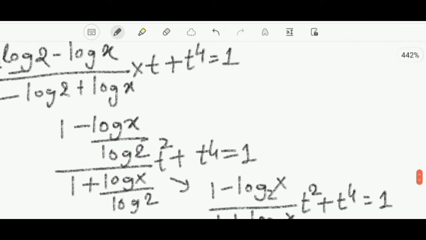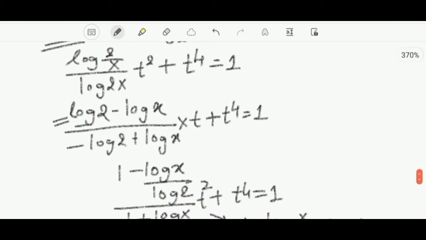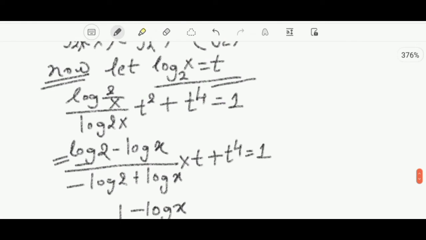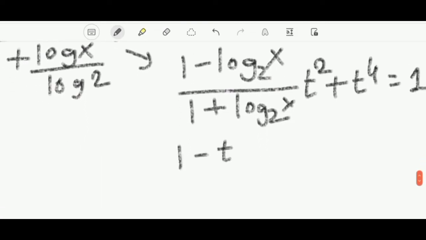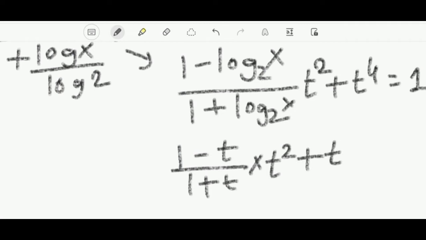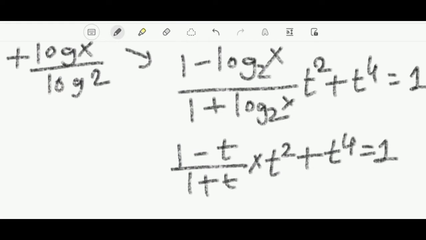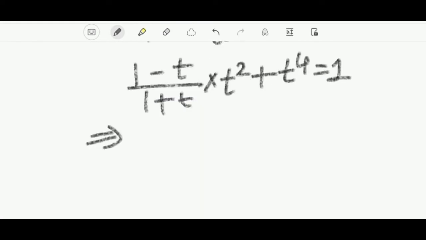And now we can simply replace it by t, what we assumed here. So we can rewrite it as (1 minus t) upon (1 plus t) multiplied by t square plus t raised to the power 4 equals 1. And we have to solve this equation.